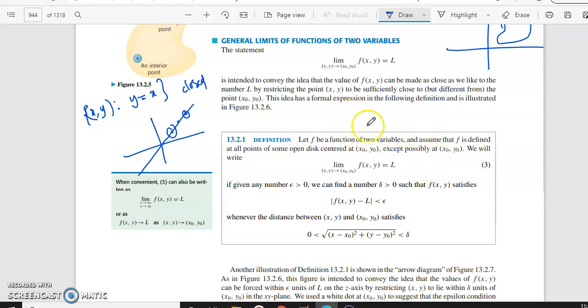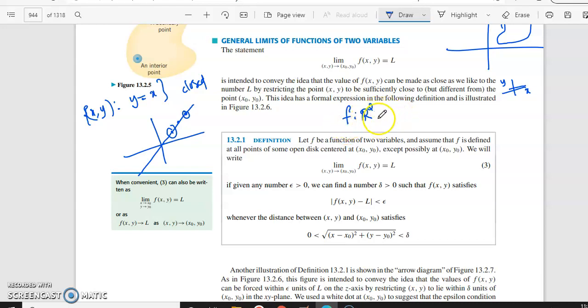So f is a function defined from R2, that is the xy plane, where we have two variables x and y. So your domain is a subset of R2, that is a subset of R cross R. The domain is the plane, and the range is a subset of R, because the function f of xy will be taking a real value.